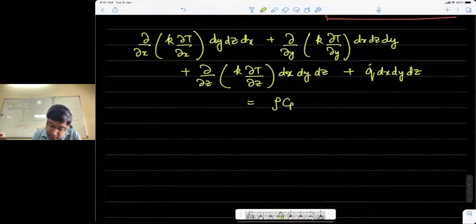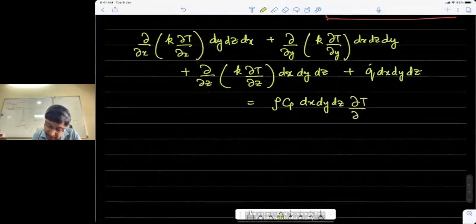This should be equal to the storage term, rho cp dx dy dz dT/dt.